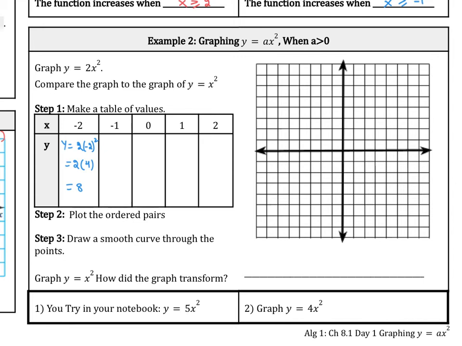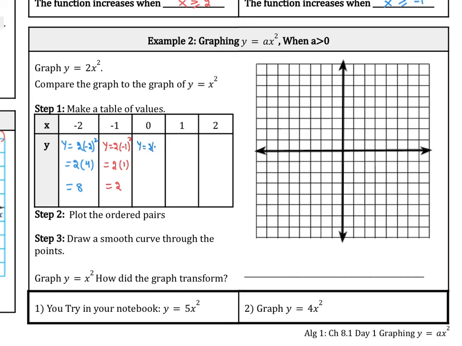Now we are going to plug in x equals -1. So 2 times (-1) squared. Anytime you square a negative term, it's going to be positive. So that's going to be 2 times 1, that is 2. Next, we are going to plug in the value 0.